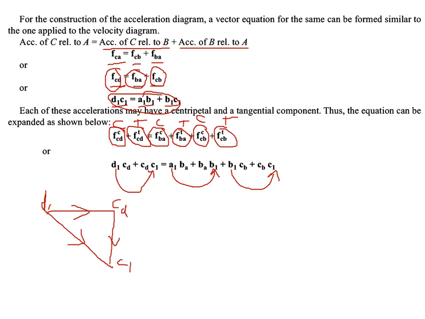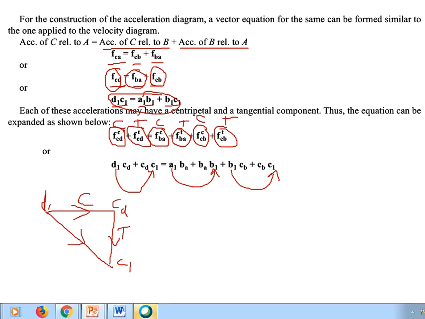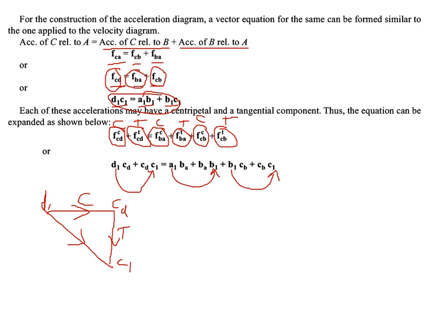To get D1 C1, I have to take two components, one for the centripetal part and one for the tangential part. Always remember these two components. Same way with respect to all. To get A1 to B1, you have to take A1 to BA and then BA to B1.